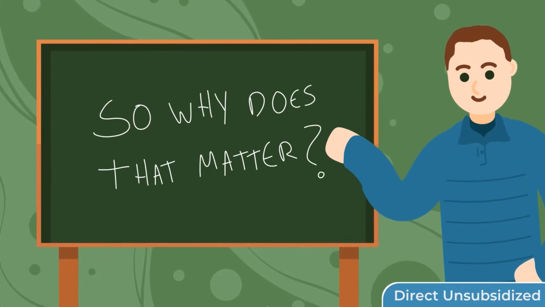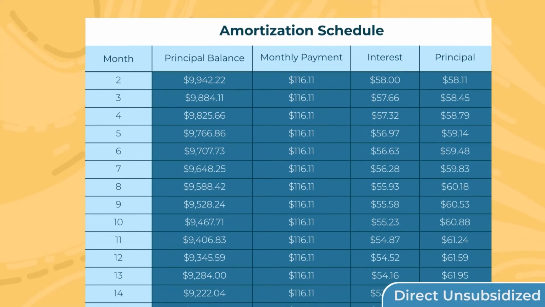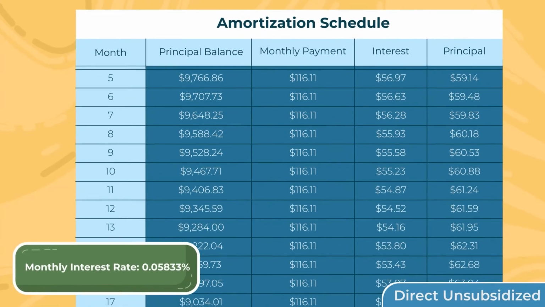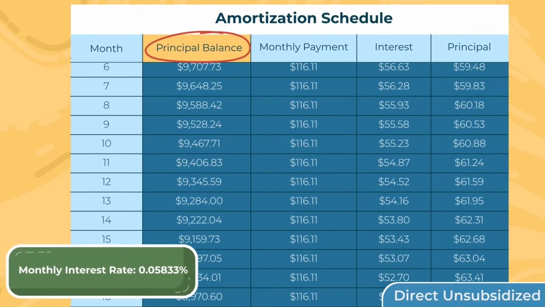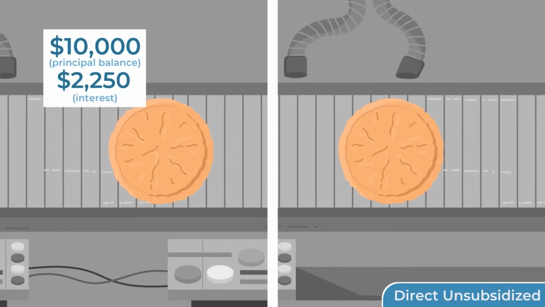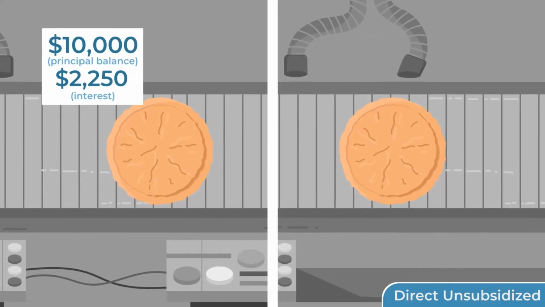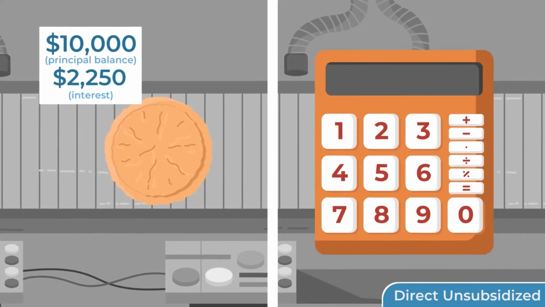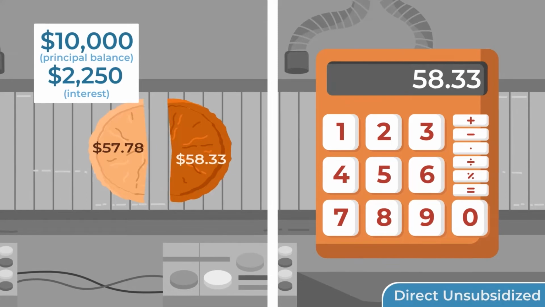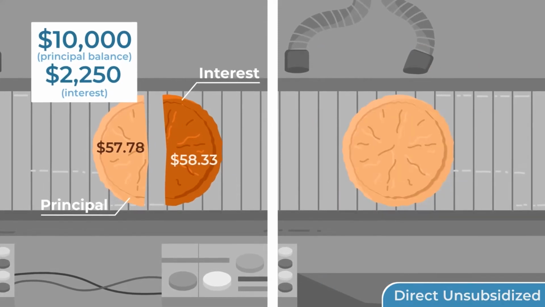So why does that matter? If you recall from our amortization schedule example, your monthly interest is calculated by multiplying the monthly interest rate by the principal balance. So if you have a $10,000 principal balance and owe $2,250 in interest, at a monthly interest rate of 0.5833%, the next month you'll owe $58.33 in new interest.